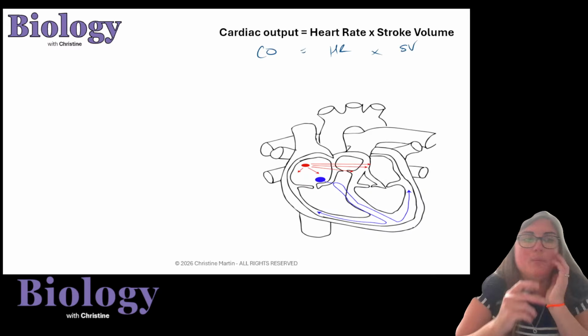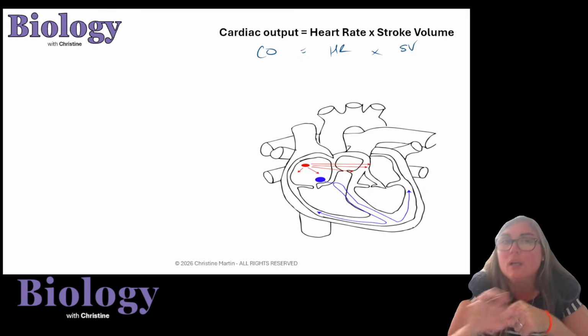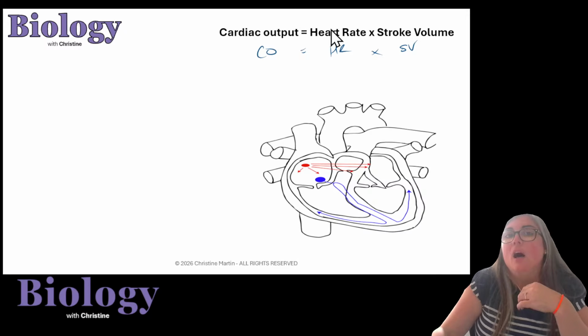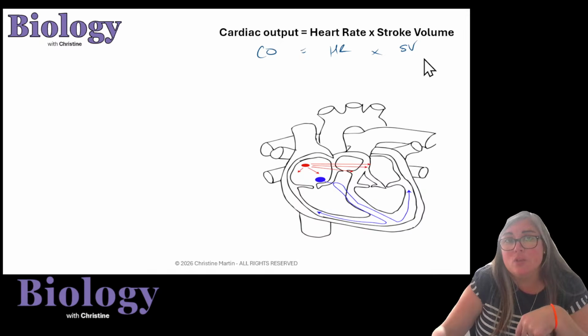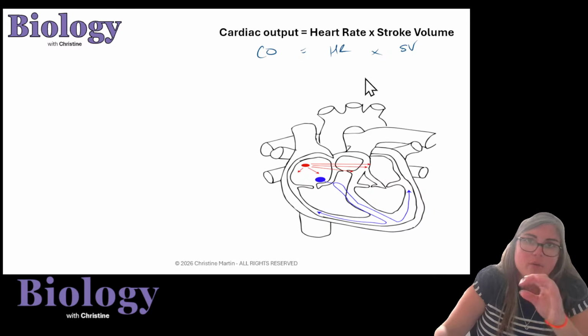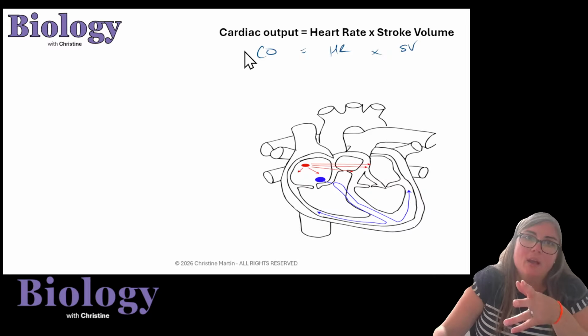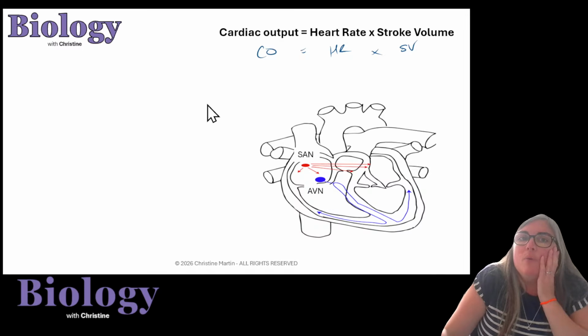Therefore, if I increase my heart rate, I could actually decrease the stroke volume and still have the same cardiac output. So they'll potentially give you either the heart rate or the stroke volume and the cardiac output and ask you to rearrange an equation there.